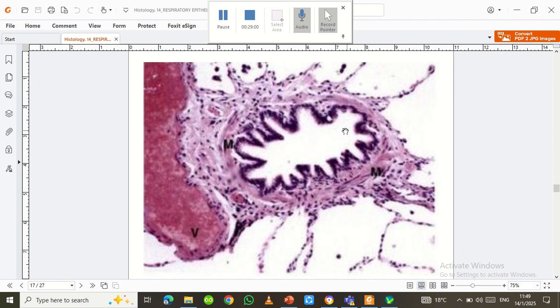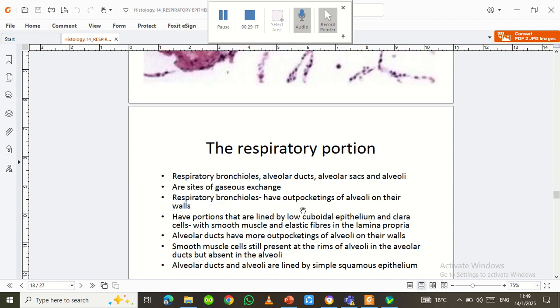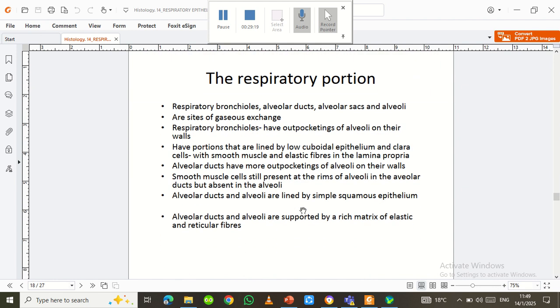You can now appreciate the folding of the epithelia due to abundant smooth muscle and absence of hyaline cartilage. This right here is your vein. You can see smooth muscle, smooth muscle, smooth muscle. Understand? Now let's get to the respiratory portion.